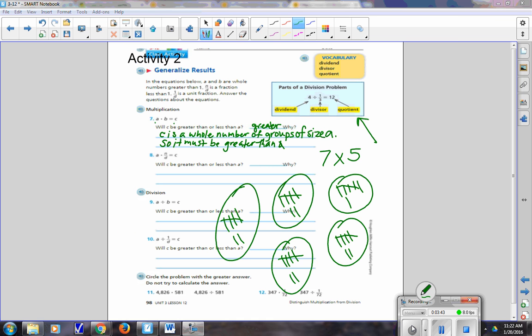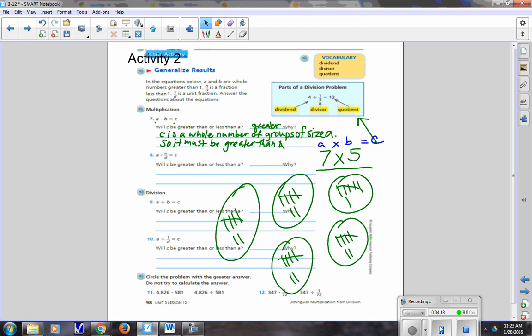Here you see an example of 7 items spread across 5 groups. If I'm looking at A times B equals C, is C going to be greater than or less than A? Greater, because you're taking A and doing it multiple times. So of course your number is going to get bigger. Thumbs up if you are semi-understanding this, because I'm going to move on to the next one.